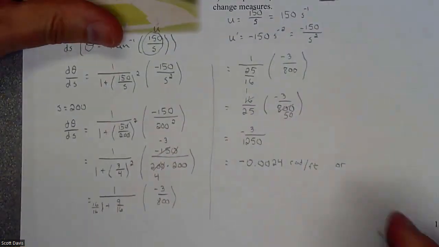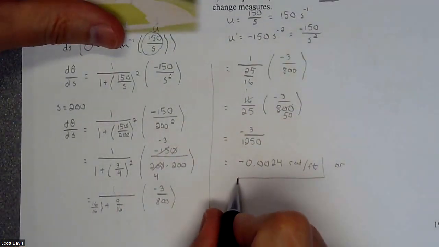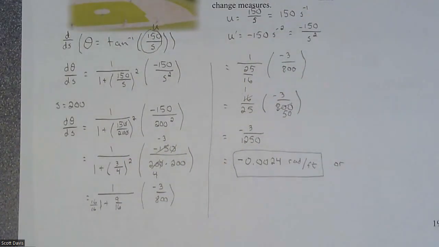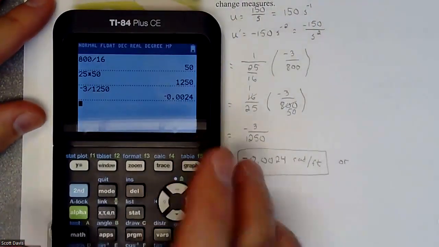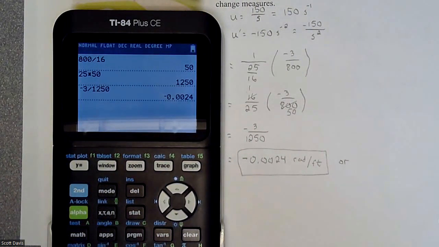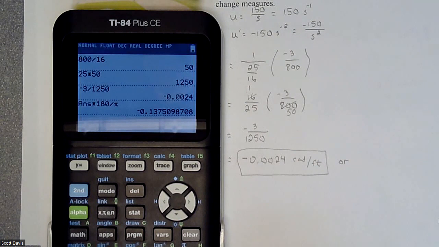Technically that's the answer. We're going to want it in radians, but let's make it into degrees to try to make some sense out of that. So that answer right there, if I'm going to convert it out of radians into degrees, I'm going to take that answer, multiply by 180 and divide by pi is how I'll convert it.